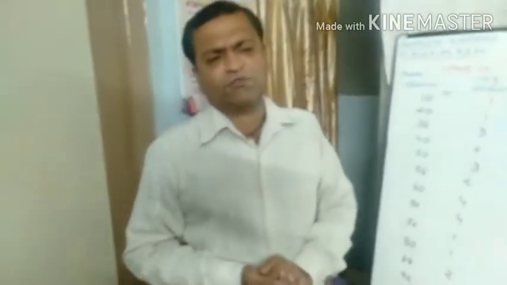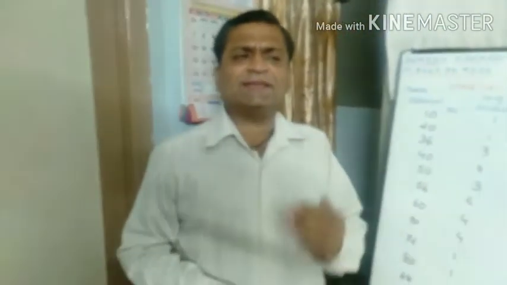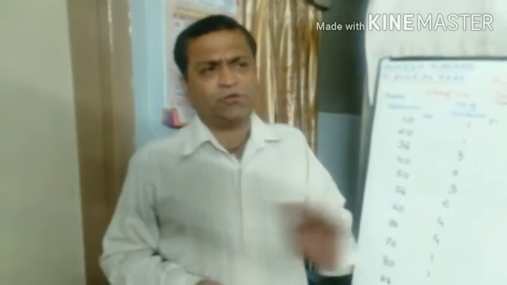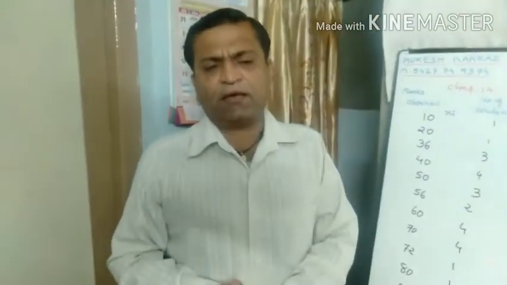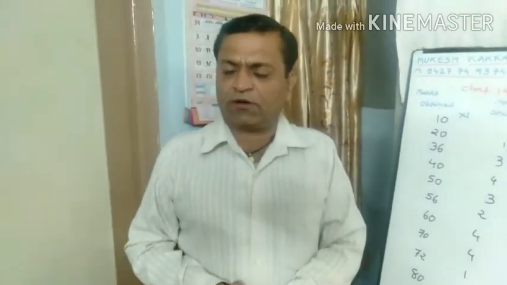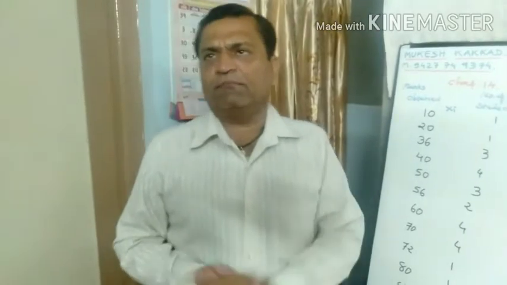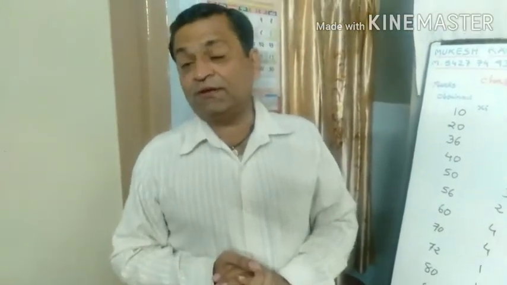In our example, if only 4 students have given the exam, then it is very simple for me to calculate their mean. I will make a sum of all the 4 observations, and I will divide it by 4 and we'll get the mean. Easy, simple.